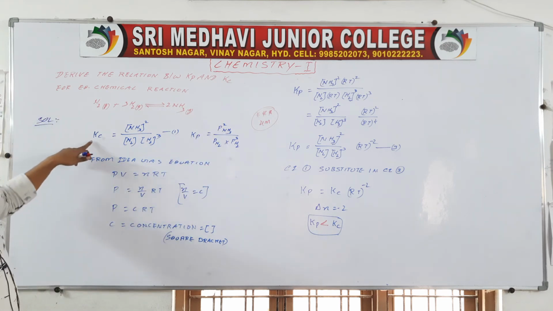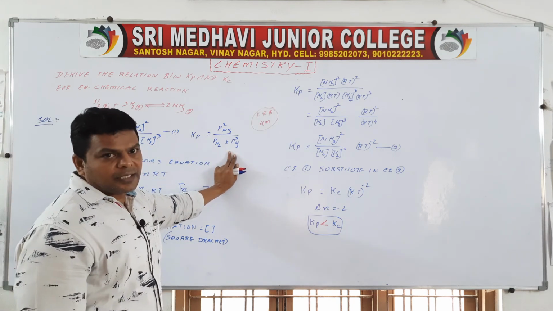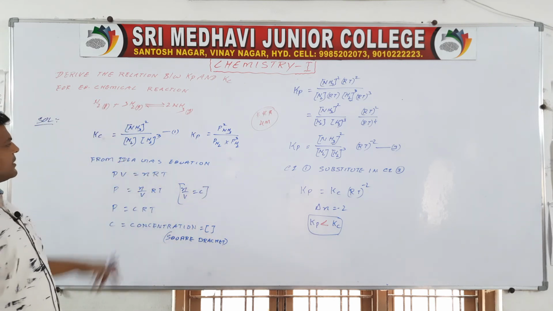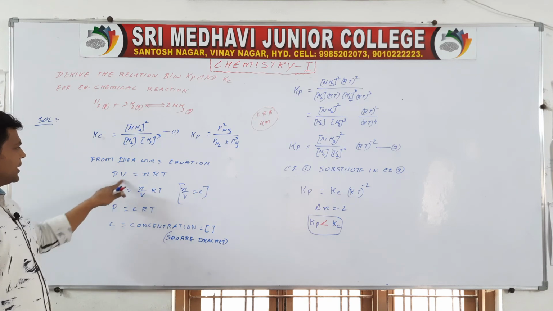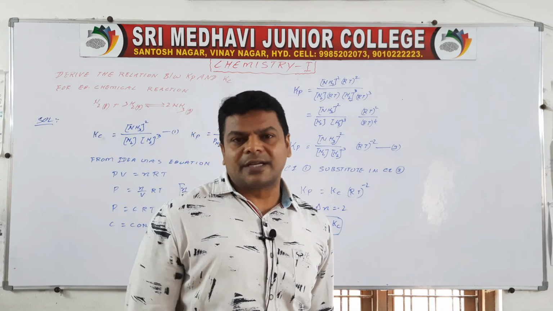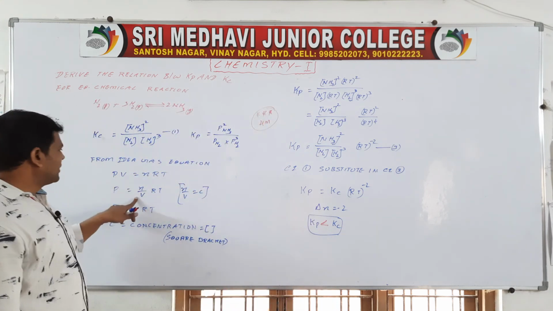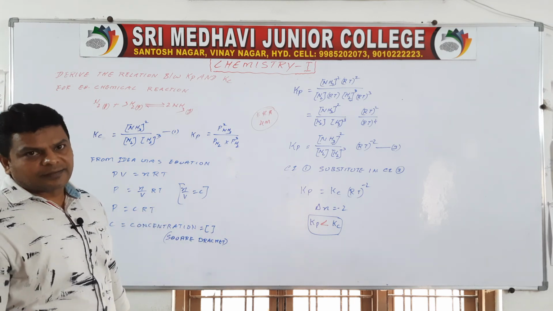So Kc is the equilibrium constant for concentration, and Kp is the equilibrium constant for pressure. From ideal gas equation, PV equal to nRT we know. So n by V is the number of moles present in 1 liter of the solution, called concentration, molarity, normality, like that.